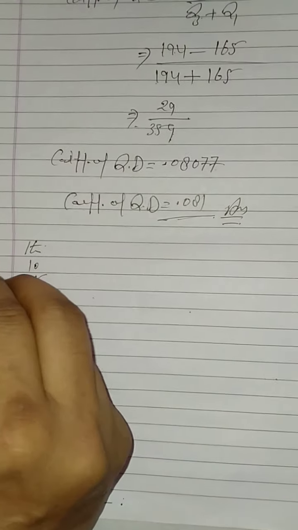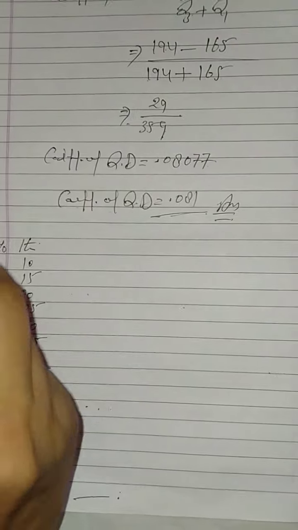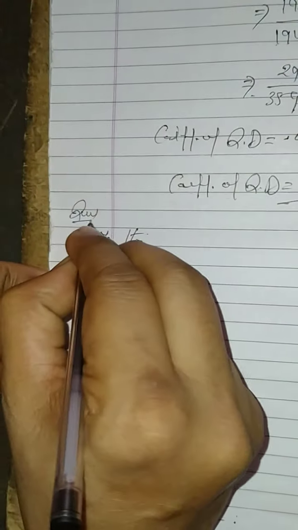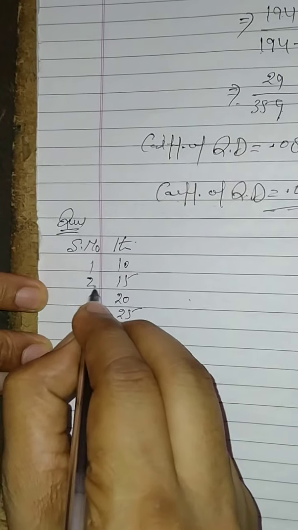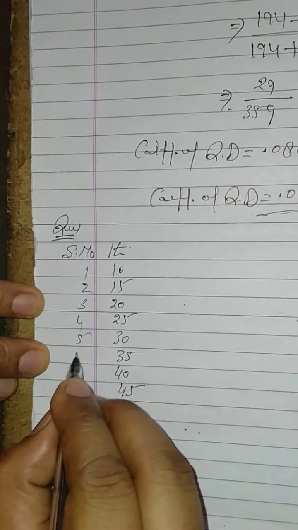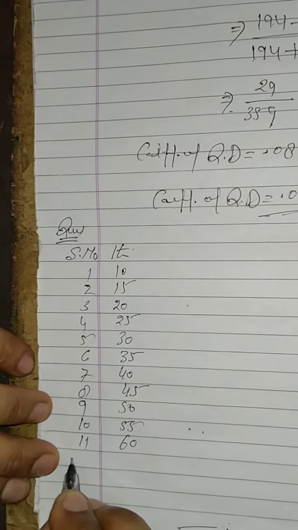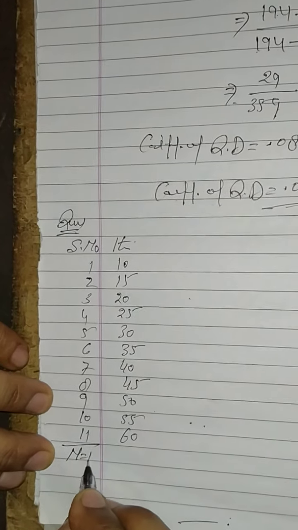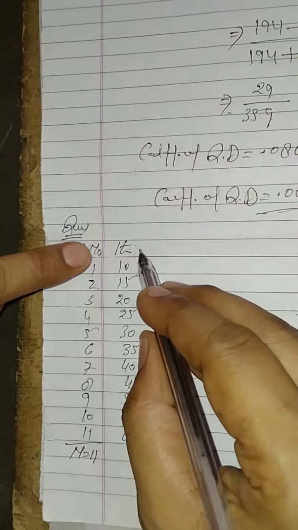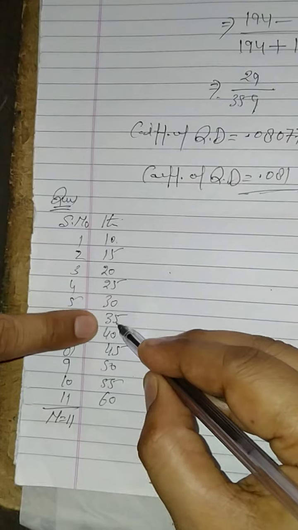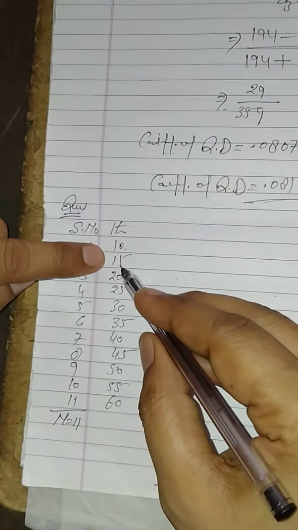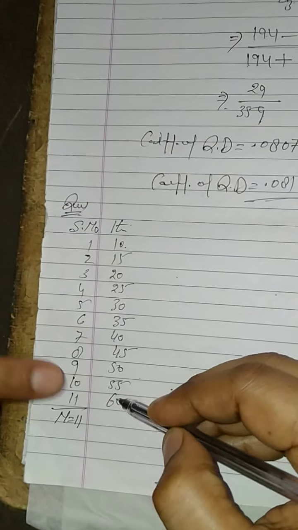So dear students, first of all you will give the serial number 1, 2, 3, 4, 5, 6, 7, 8, 9, 10, 11. So n is equal to 11. After that you will check whether all items are in ascending or descending order. The items are already arranged in ascending order.